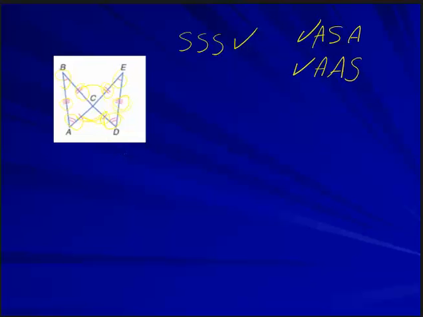Okay, now let's write a congruency statement. Remember, it does not matter how I name my first triangle. I'm going to name it triangle CAB. And I can now say that it is congruent to triangle what? I have to put the corresponding parts in the same order.